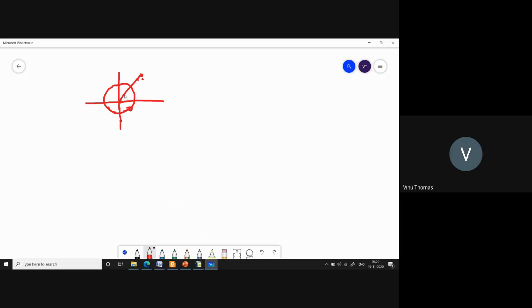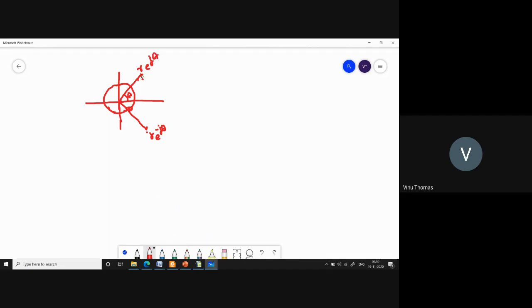This length is r and this is theta. So r e power j theta will also mean that its conjugate r e power minus j theta exists. So this is minus theta. So this is r e power minus j theta. This is r e power j theta.